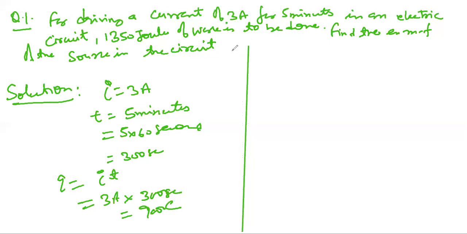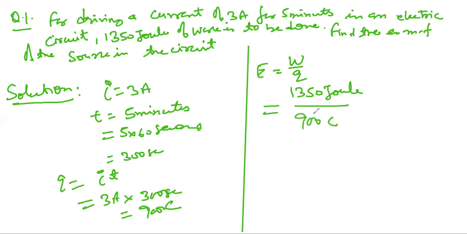Next part of this question. E, which stands for EMF, is equal to W divided by Q. Substitute the value of W. W is equal to 1350 joule and your Q is 900 coulomb.